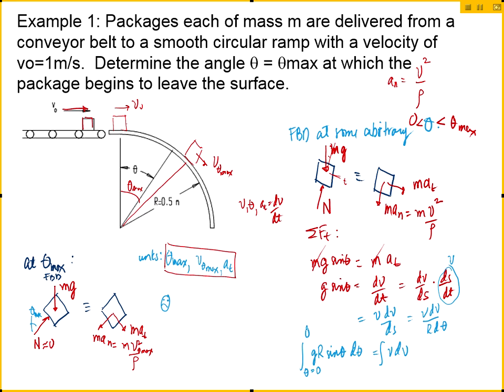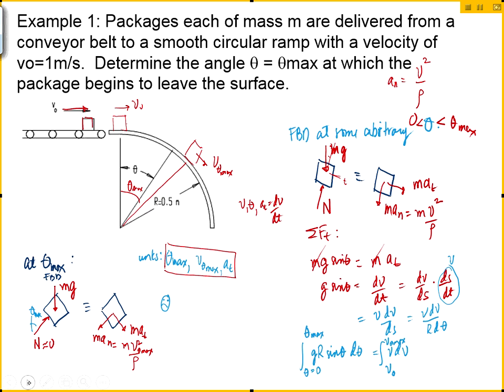Theta is 0 when you're at the vertical position, right? To the final position we're looking for, which is theta max. And what are the corresponding values of the speed on the right side? The initial, I'm going to put v naught. And what's the final velocity or speed? V at theta max.